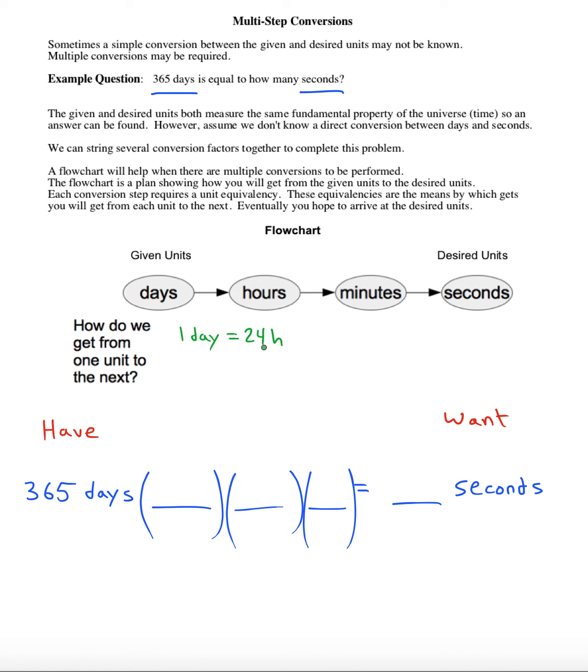That's going to be the vehicle, the conversion factor, or the known equivalency that will get us from days to hours. Let's see, we also know that to go from hours to minutes, there are 60 minutes in an hour. And we know how many seconds are in a minute. 60 seconds.